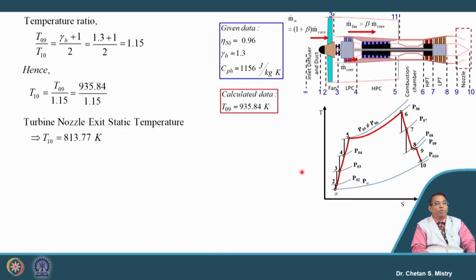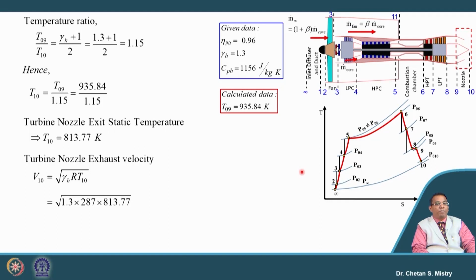If we put this in terms of the temperature ratio, the exit static temperature is coming to be 813.77 Kelvin. Now, we have our formula for the velocity, it is square root of gamma R T10, and if we put these numbers, it says my exit velocity from the turbine nozzle is 551.02 meter per second.